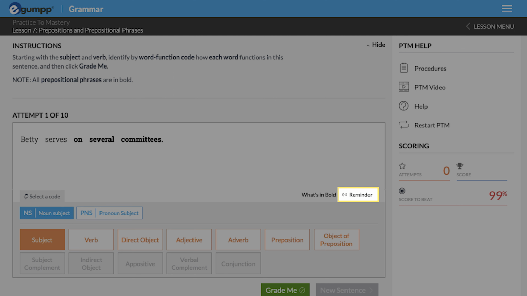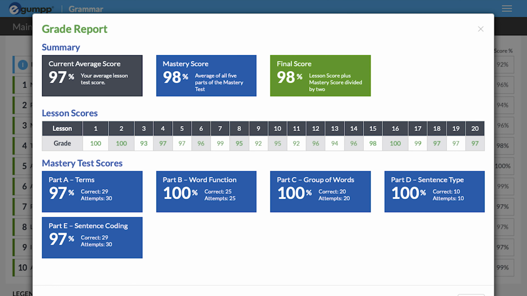Listen to a code reminder when you are not certain what code to use with a word.